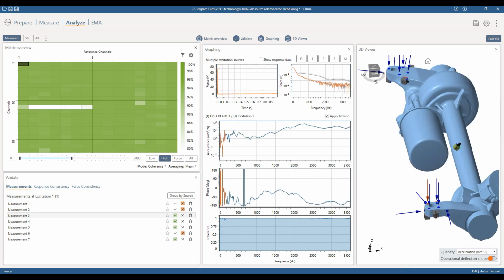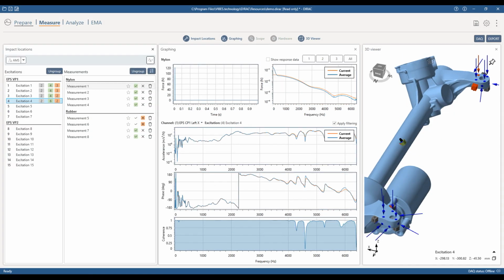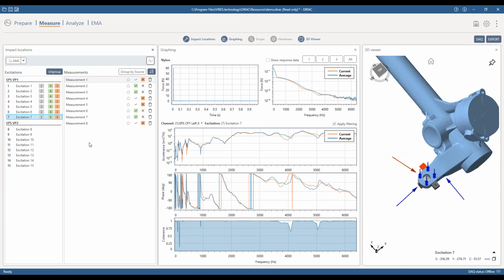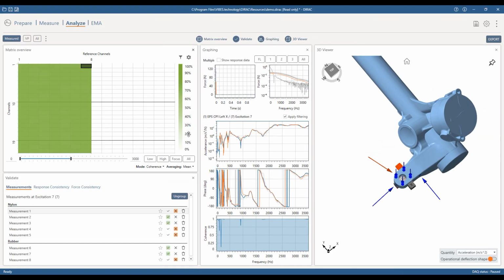If the matrix row is only partly white, this would be an indicator that the sensor fell off at some point during the tests. These problems you really want to spot as soon as possible, so make sure to check the coherence multiple times during your measurement. For example, after measuring the excitation points of every virtual point.